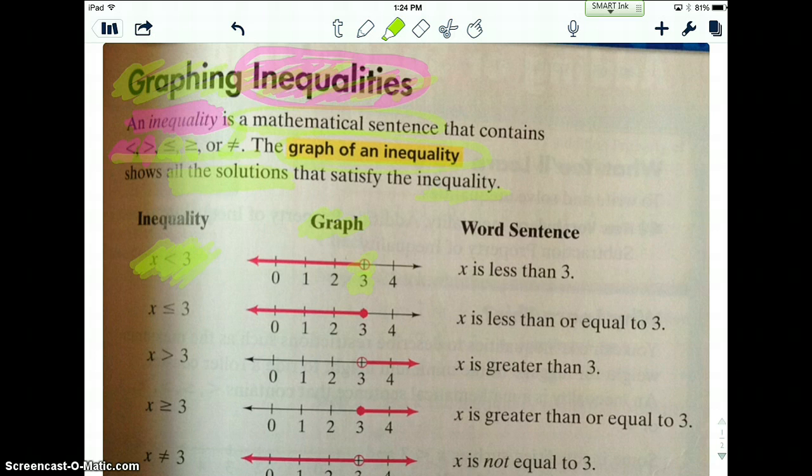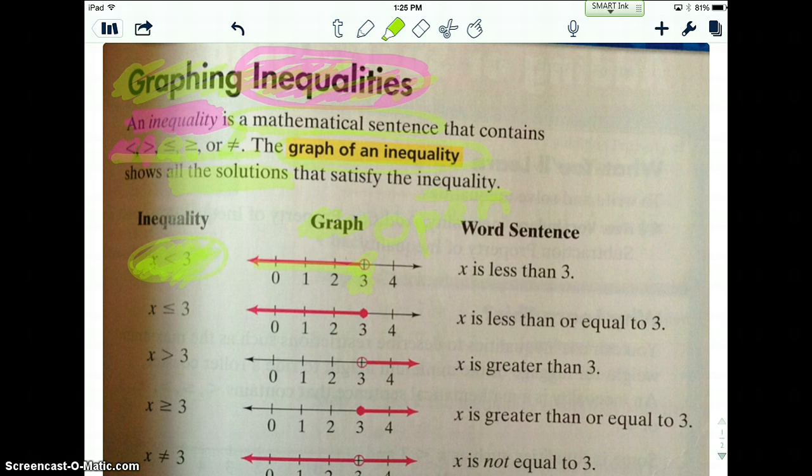They can't equal 3. So I use an open dot if it cannot equal the number. But then, as you notice, it shades to the left. So all the numbers that are less than 3 are solutions and will satisfy this inequality.